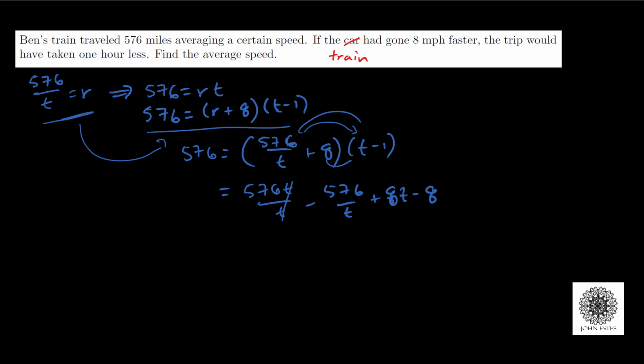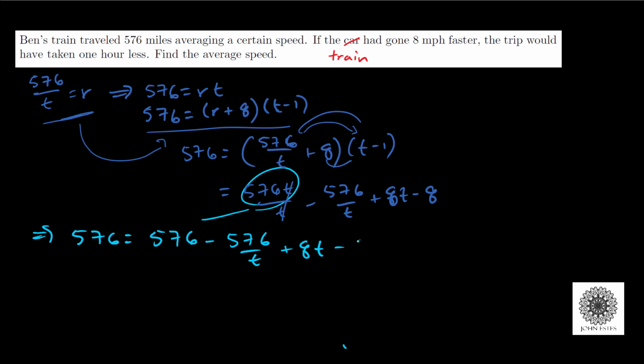So my equation becomes 576 equals 576 minus 576 over t plus 8t minus 8. Now subtracting, the 576's cancel on each side. So then I end up with 0 equals negative 576 over t plus 8t minus 8.